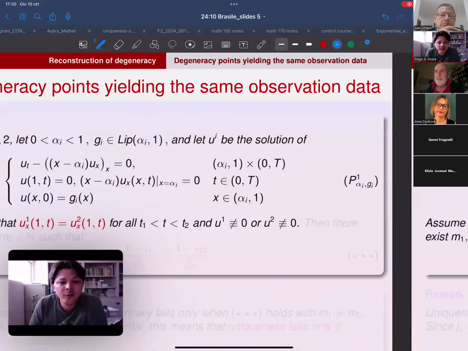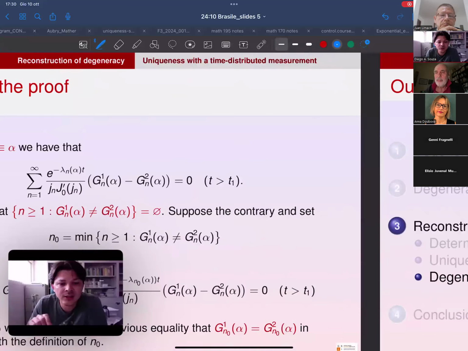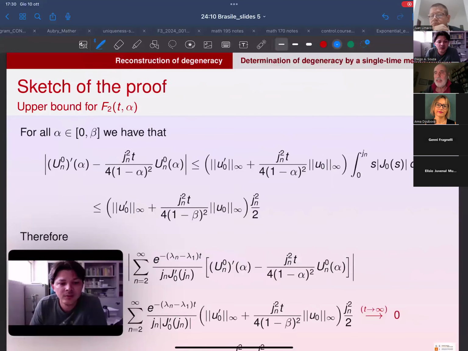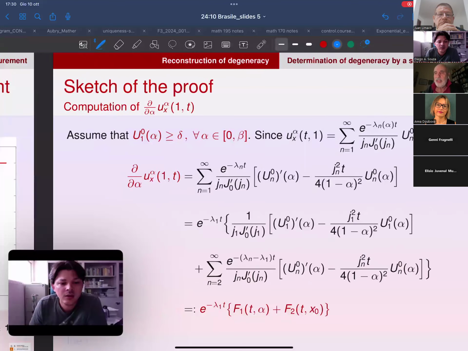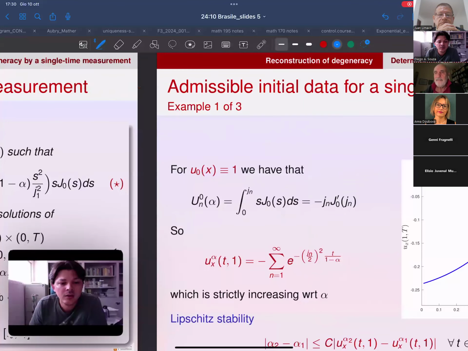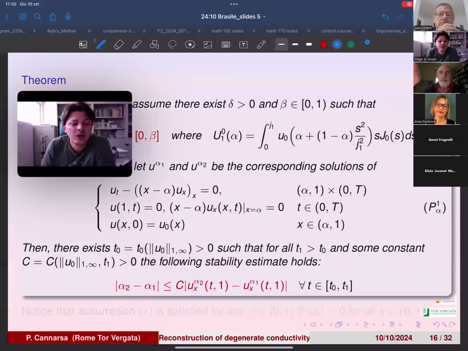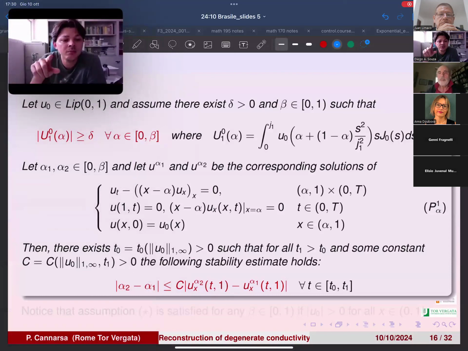Can you write just an equation, to see the Lipschitz stability result? The equation is u_t minus alpha minus x, minus alpha times... This is to the right, or alpha minus x if your problem lives to the left of alpha.